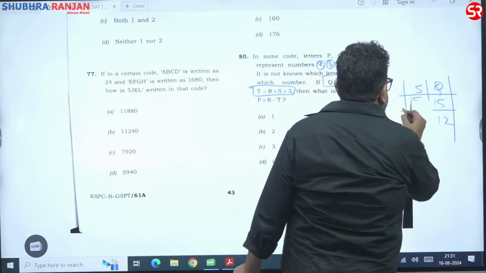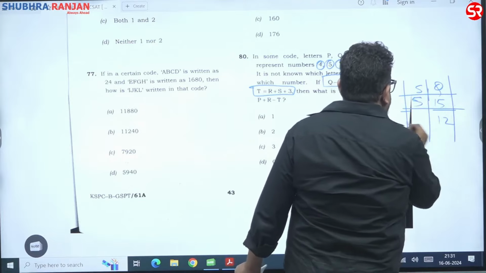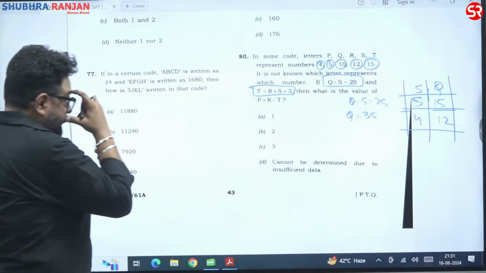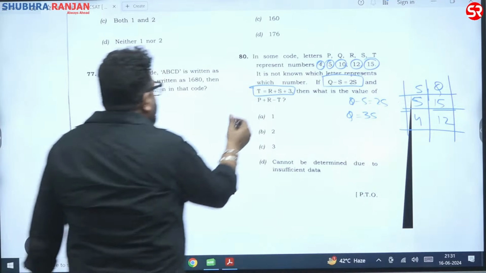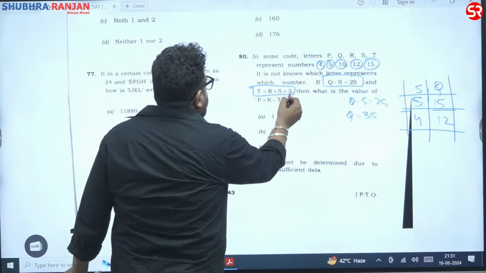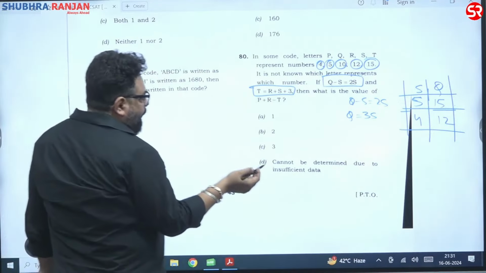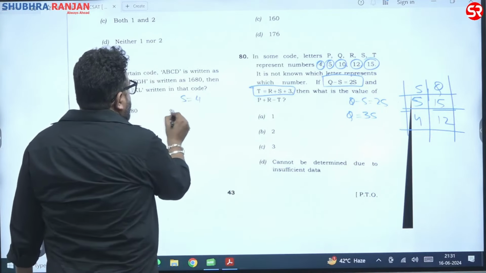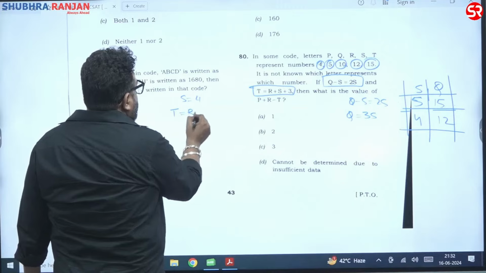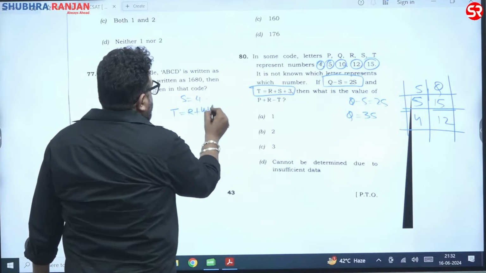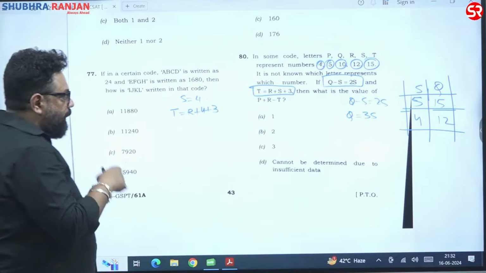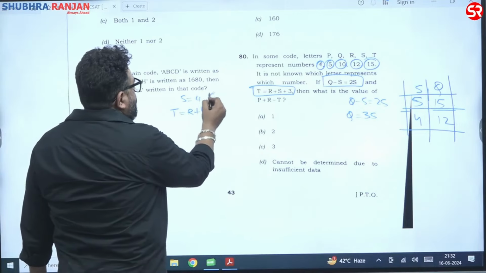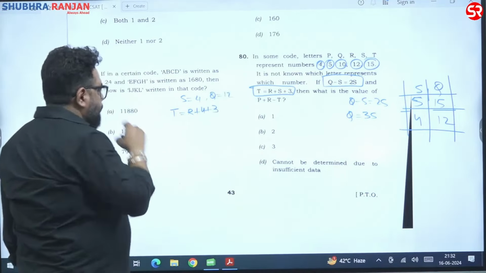Sorry, 4 and 2, sorry, right? And then he says, now T is equal to R plus S plus 3. Now if I take S is equal to 4, then T is equal to R plus 4 plus 3. If I have taken S is equal to 4, then definitely your Q would be 12, isn't it?